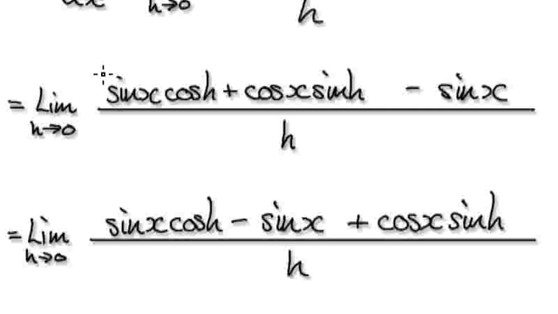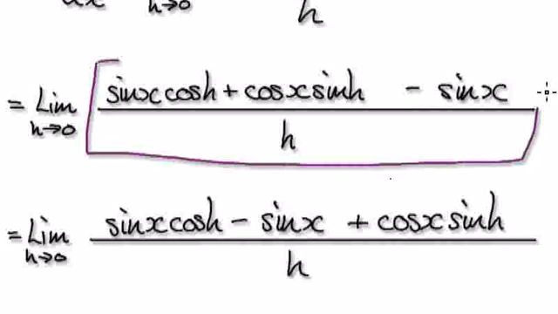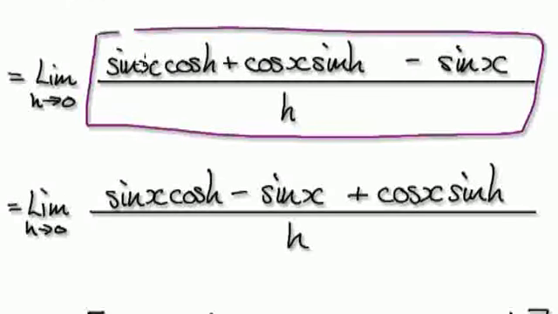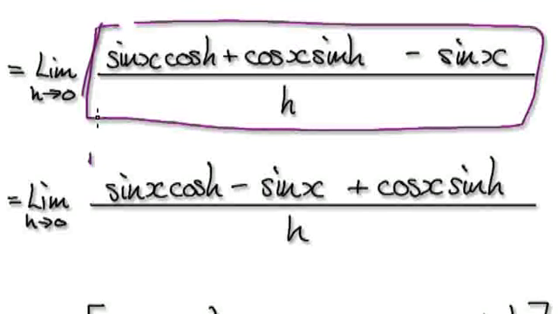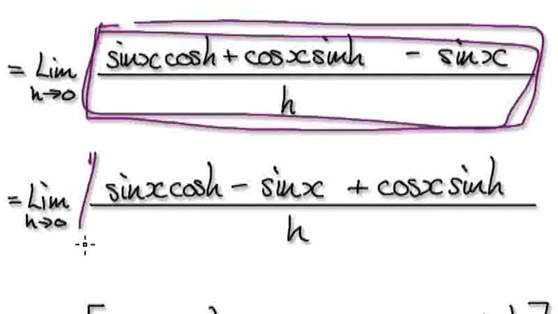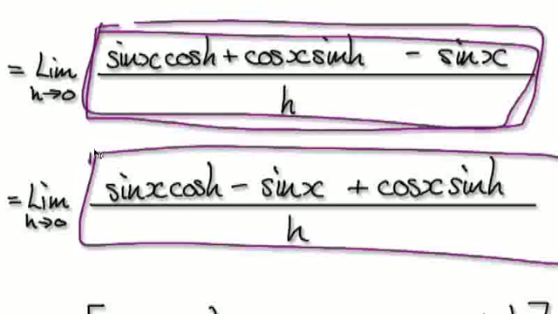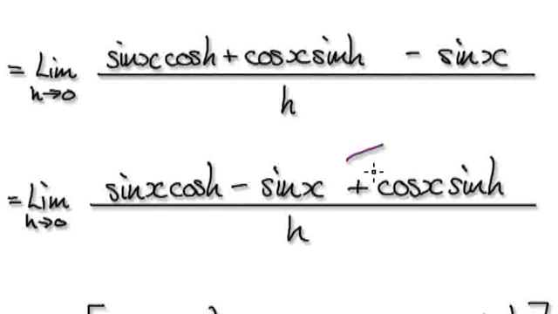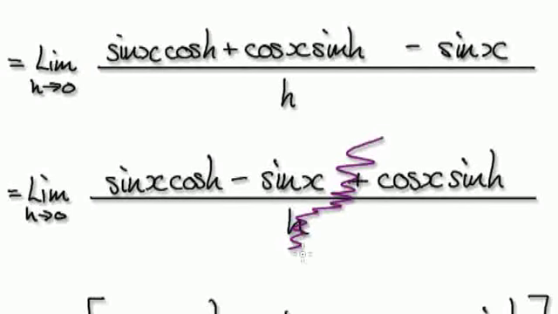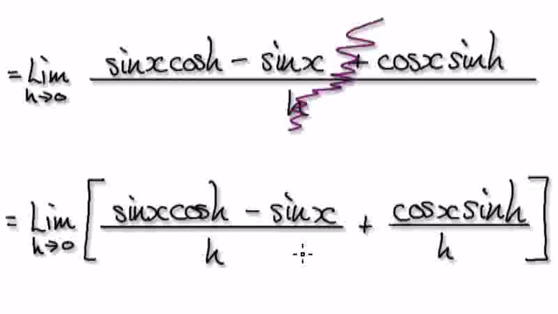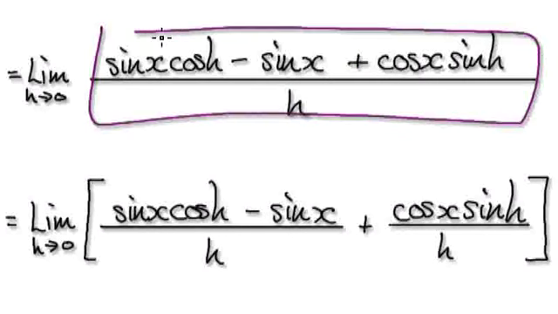Remember that at the moment we're taking the limit of this whole thing here. Okay, and then this thing here then becomes this, and now we're going to break this fraction up into two separate fractions. So it's like this. At the moment we are here, so we're going to break this fraction up.